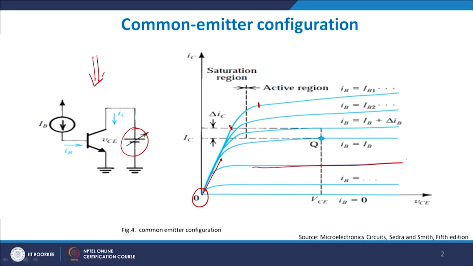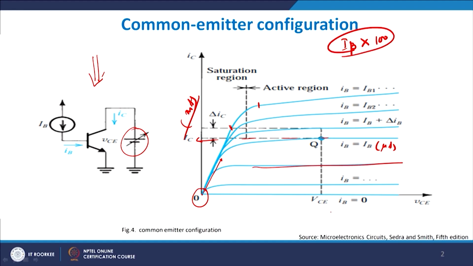So, if we go on increasing the current IB by changing the value of VBE, of course the collector current will also change. IB will be in microamperes, whereas the collector current will be in milliamperes, because you multiply IB by a factor of approximately 100.